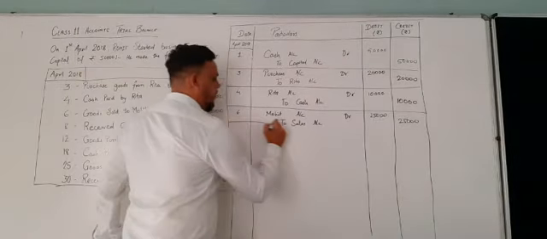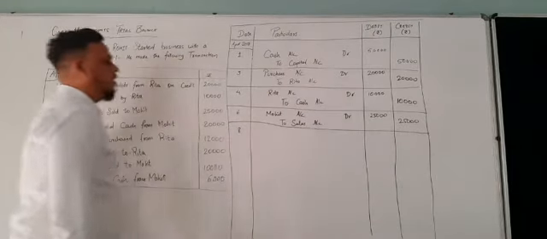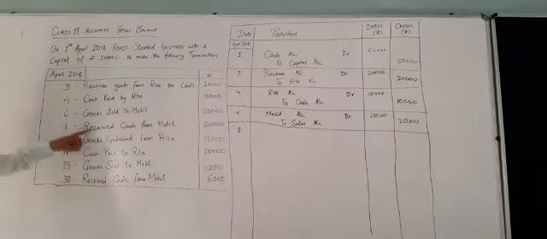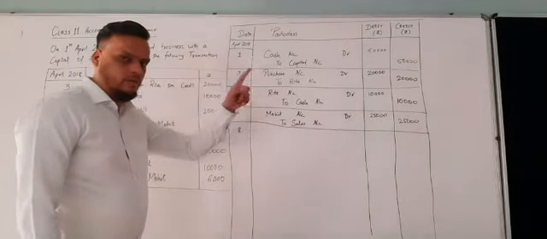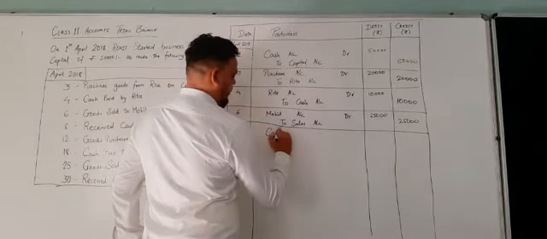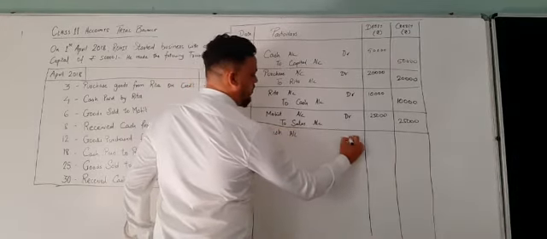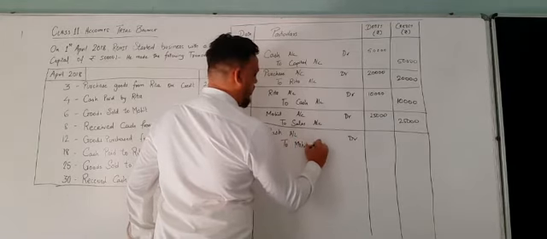if we are talking about entry number 8, it has been said: received cash from Mohit. Here Mohit is debited, but we have to write on the credit side. So what will we do? Cash account debit to Mohit account.